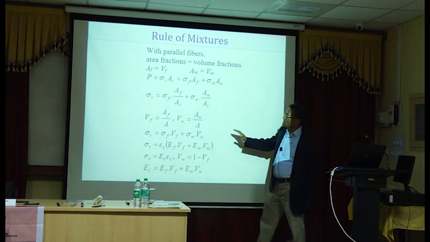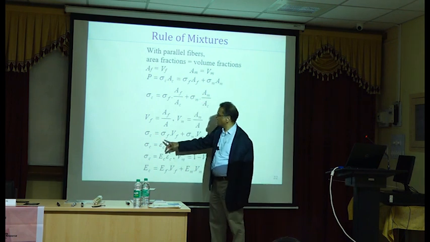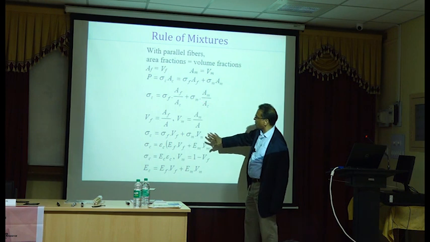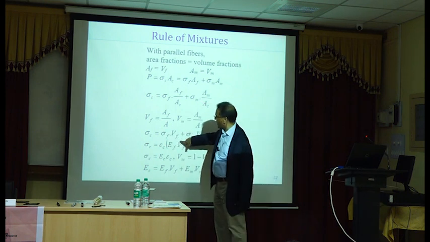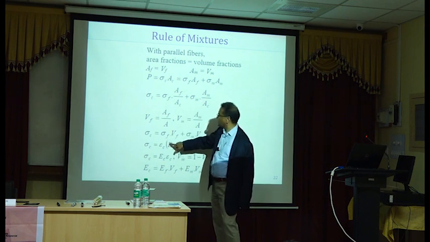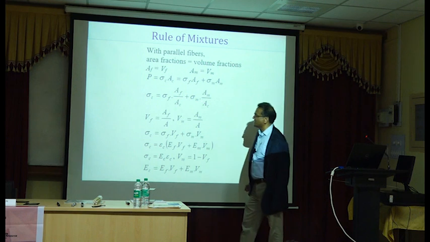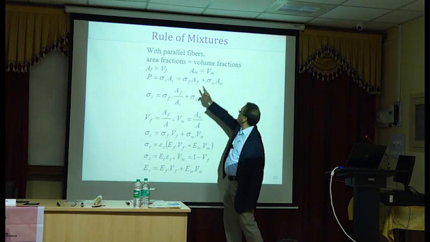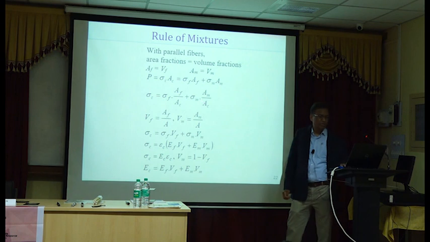Again, you can say this is based on the strain. So, sigma F equals strain in fiber times EF, that's your stress, sigma F. But remember, strain in fiber is the same as epsilon C. I should have it in my previous slide.